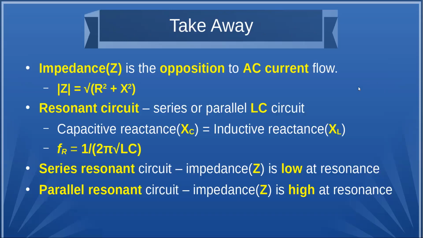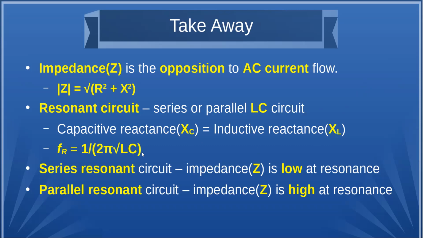Impedance is opposition to AC current flow. It's the square root of the sum of the squares of the real and reactive components. The resonant circuit test question is composed of series or parallel LC components. Capacitive reactance is equal to the inductive reactance when it's resonant.